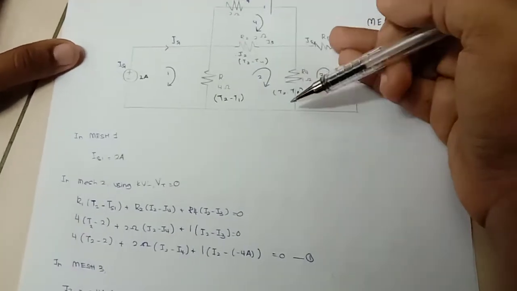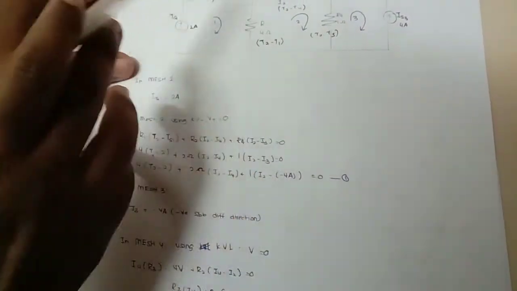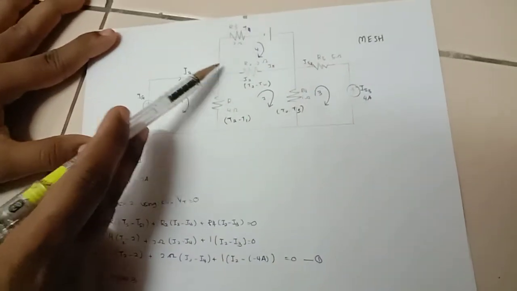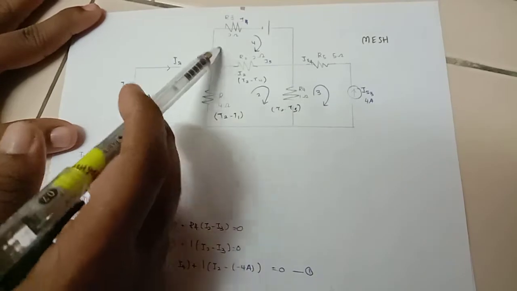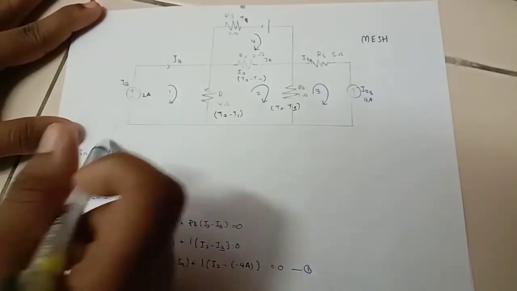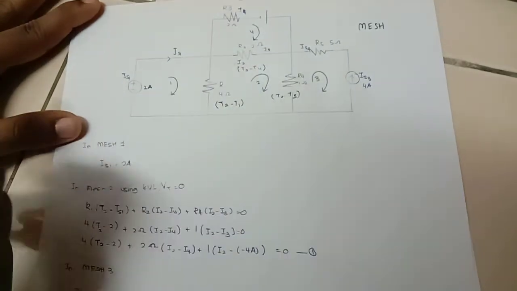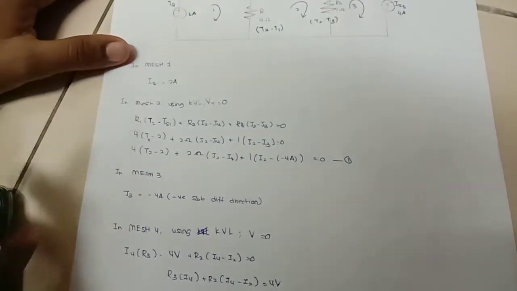So we will solve this, and then for the third mesh we will have I equals negative 4 amperes. It is negative because it's in a different direction, going from negative to positive, so the value will be negative 4 amperes.